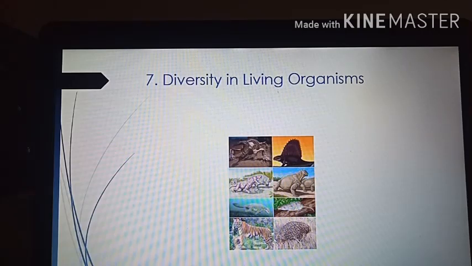We will generally discuss about characteristics of different types of animals like aves, reptiles and mammals. We will learn about nomenclature and convention for nomenclature.